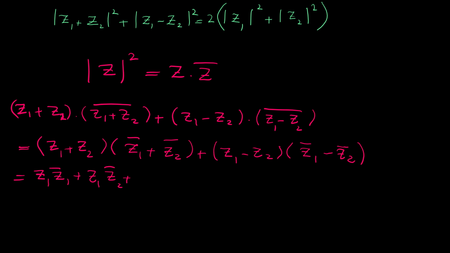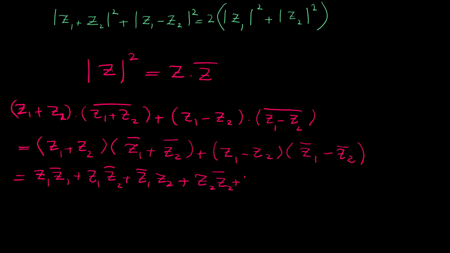Then we have z2 times conjugate of z1, which we can change the order and write as z1 conjugate times z2. The order really doesn't matter in multiplication of numbers. And then we have plus z2 times conjugate of z2.